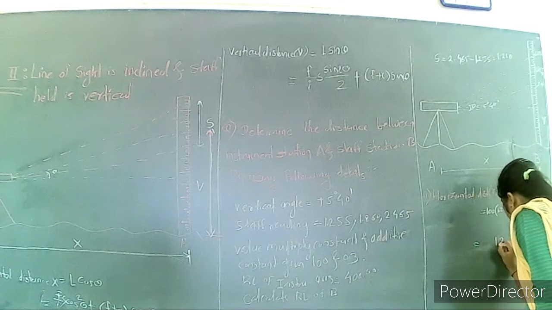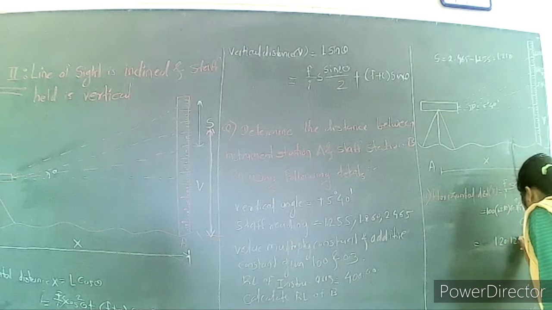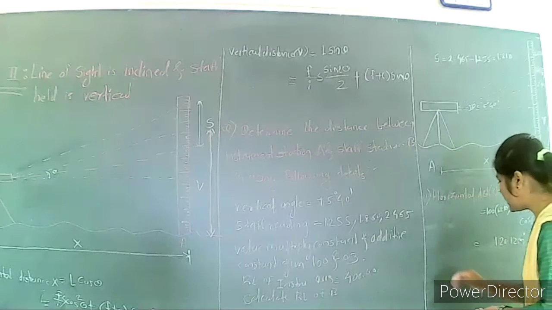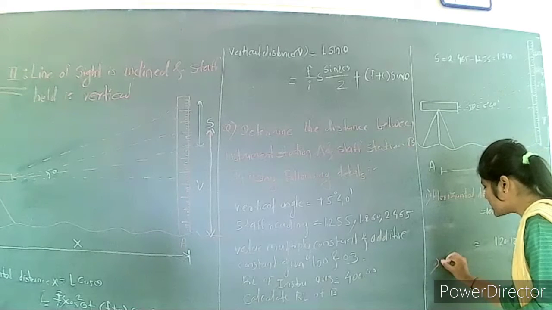The answer is 120.12 meter. That means the horizontal distance between the instrument and the staff is 120.12 meter. Now we calculate the vertical distance.